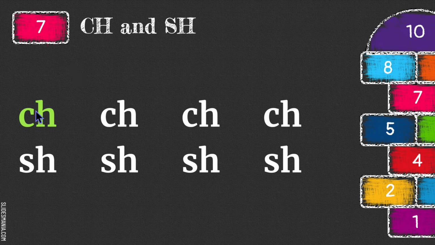Here are some new sounds. CH has 3 sounds. The most common one is ch. The second sound, which is used in words that originally came from Greek, is k, like in the word school. The third sound, which is much less common in English, is sh, which comes from French words like chef. So when I point to CH, do the 3 sounds and always do them in this order: ch, k, sh.